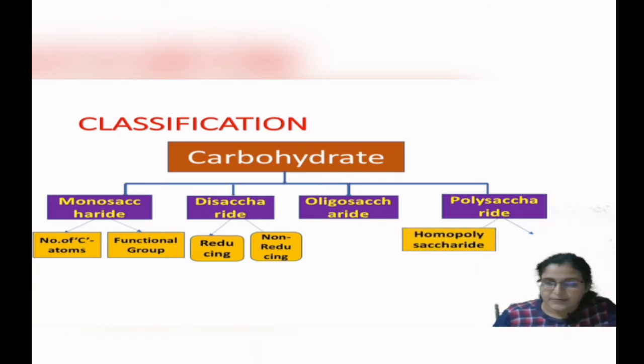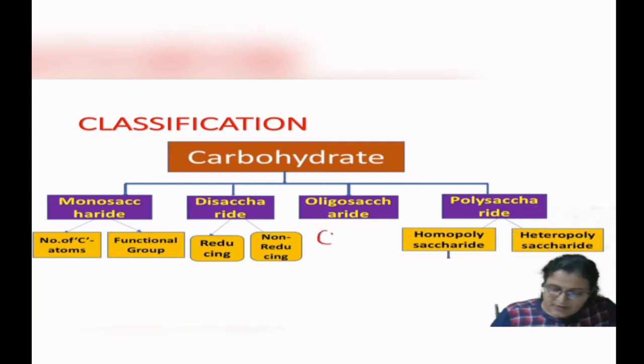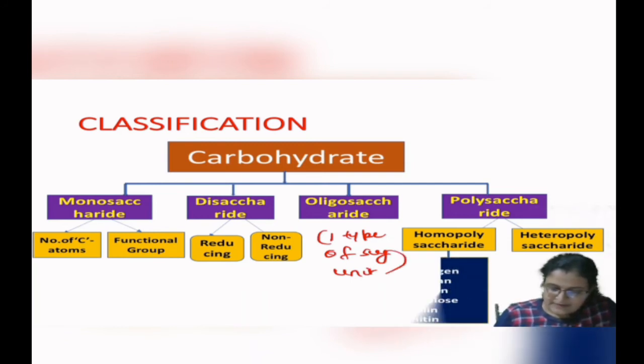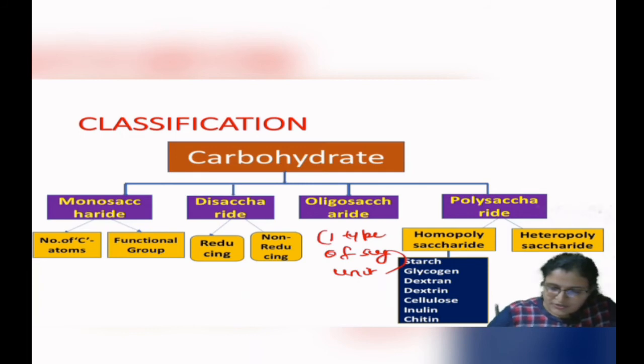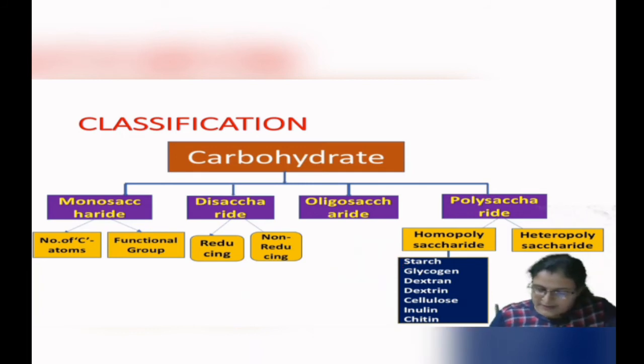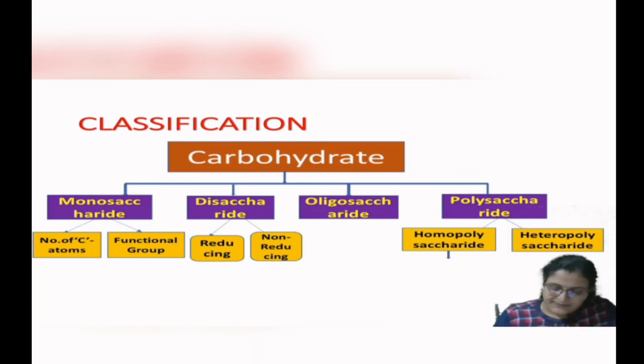Then coming to polysaccharide. Polysaccharides are again classified into homopolysaccharide and heteropolysaccharide. Homopolysaccharide means they contain one type of sugar unit. Examples are starch, glycogen, dextran, dextrin, cellulose, inulin, chitin. Then heteropolysaccharide.